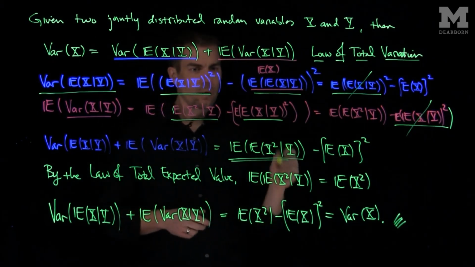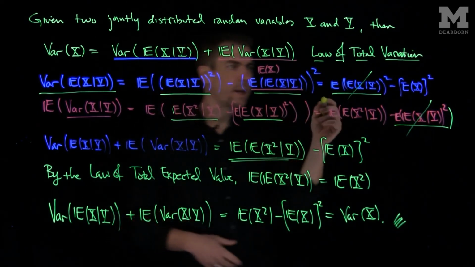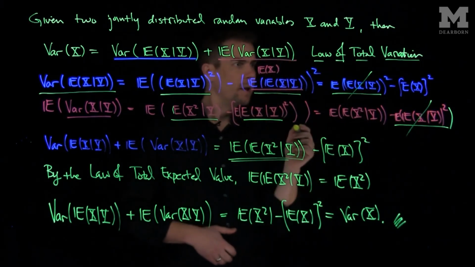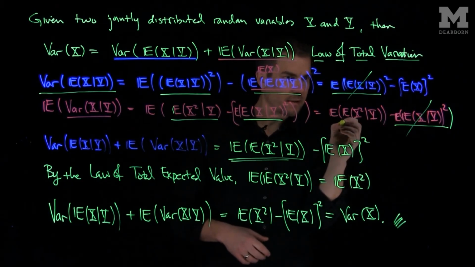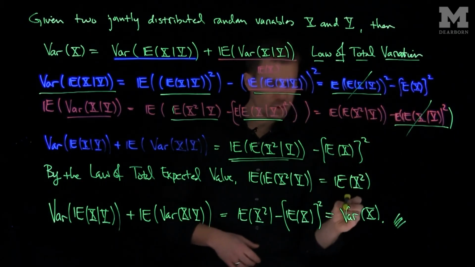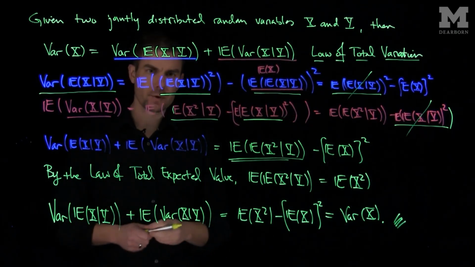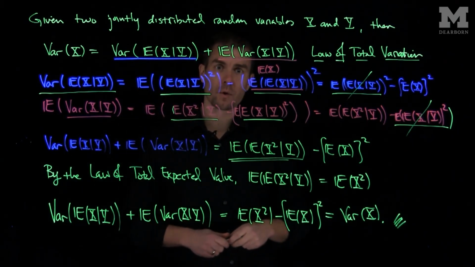These two terms cancel out, and we conclude that the expected value of X squared minus the expected value of X quantity squared is equal to the sum of those two expressions, and that proves the law of total variance.